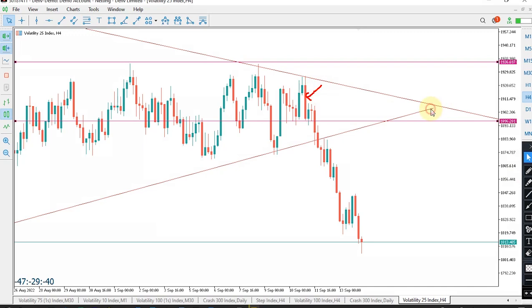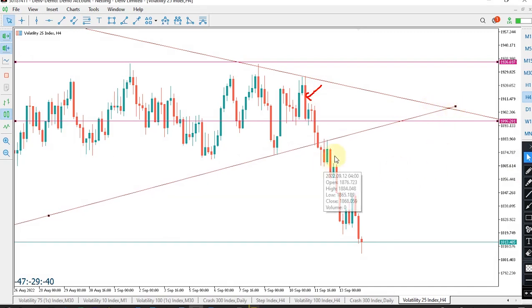Then also, for the breakout strategy, this will be a trigger candlestick. Now let's go down to H1. Despite seeing our entry, but let's go down to H1.